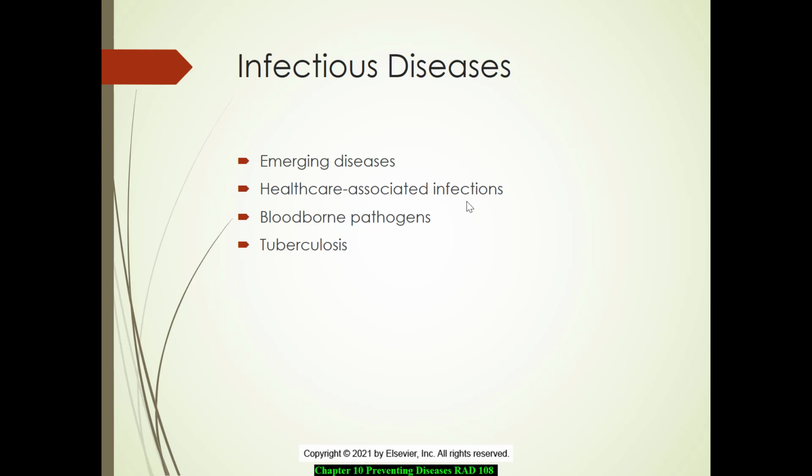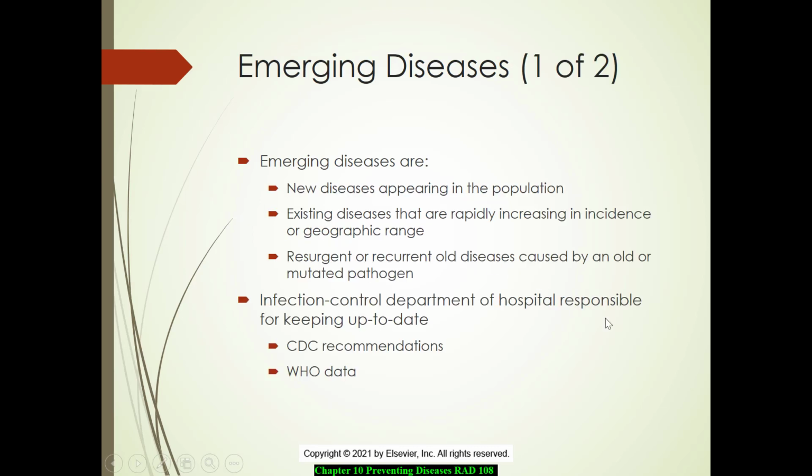Bloodborne pathogen incidences can occur. We also see things like TB, where a patient is admitted but not put into a mask, and then they're spreading TB throughout the hospital as well. So there are things that we can do to protect ourselves in those types of situations.